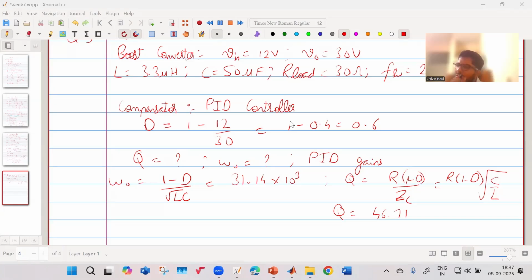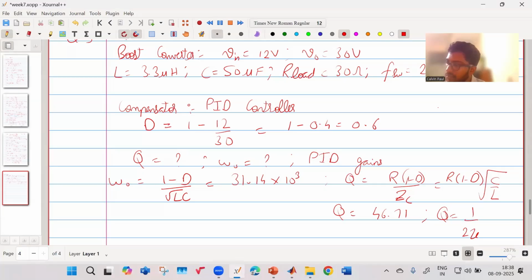Yeah, like 2 zeta omega naught equals 1 by Q omega naught. Yes. So your Q is equal to 1 upon 2 zeta. This is the expression.